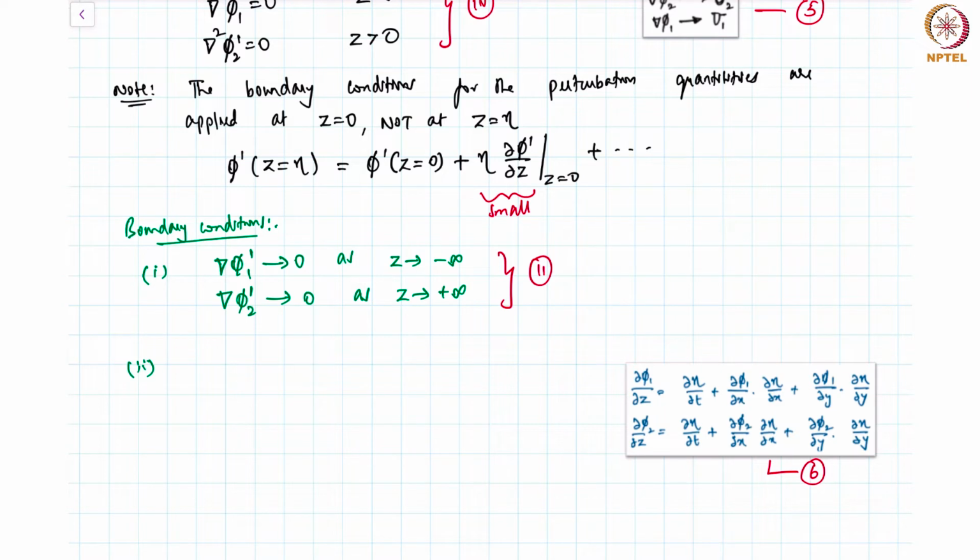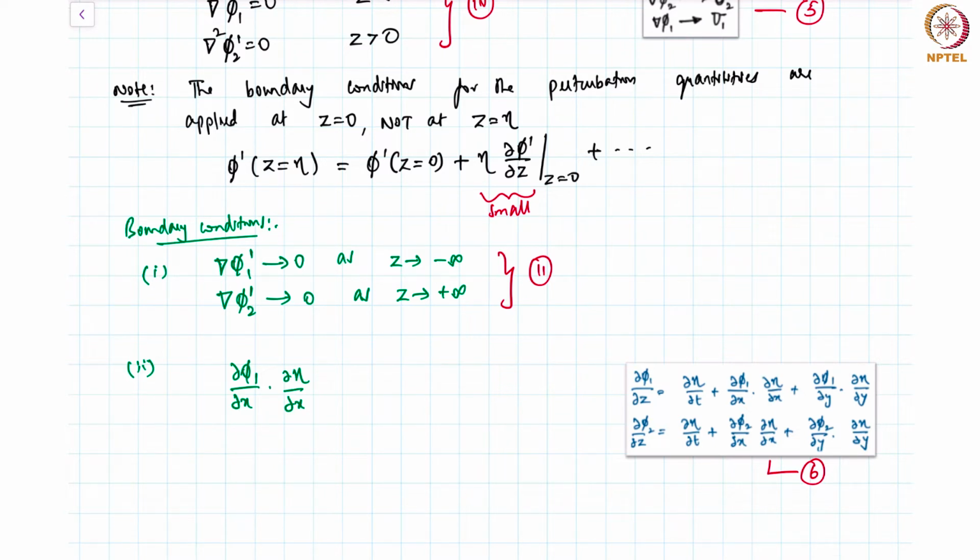The second boundary condition, if you notice here, we can notice a few nonlinear terms. If you look at equation 6 on the side, then you notice that del phi 1 by del x would be, let's write that down, del phi 1 by del x times del eta by del x. We have a term like this. What will happen to this term?